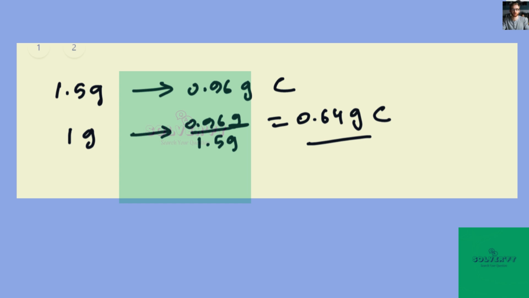Now we'll find out the mass of chlorine in 1 gram sample. So 1 gram of the sample is converted to 1.27 gram of AgCl. So to find out the mass of Cl, following a similar process, first we will find out the number of moles of AgCl produced.